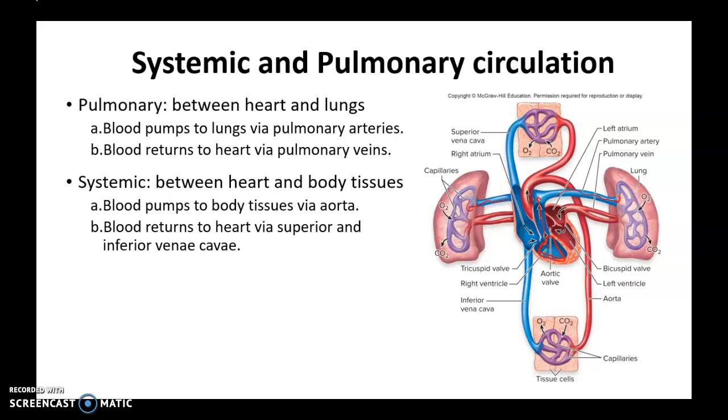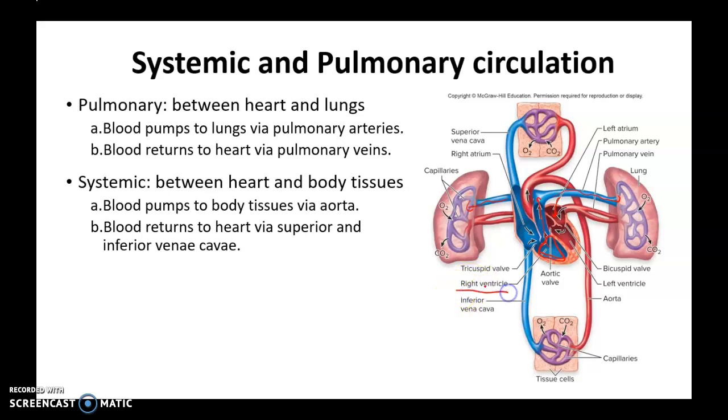And the blood then comes back into the left atrium, right? So this circuit, right ventricle to the lungs, back into the left atrium. This is the pulmonary circuit.